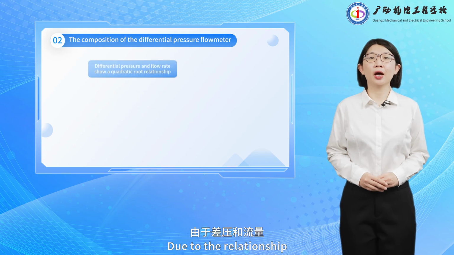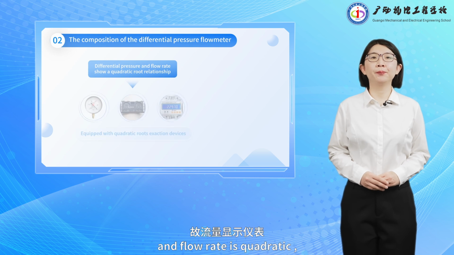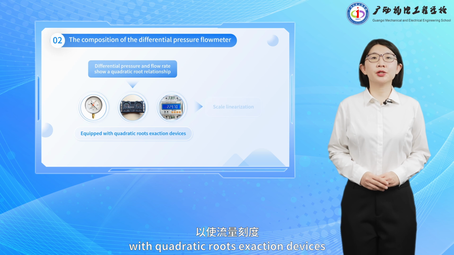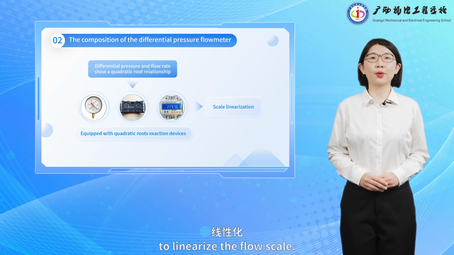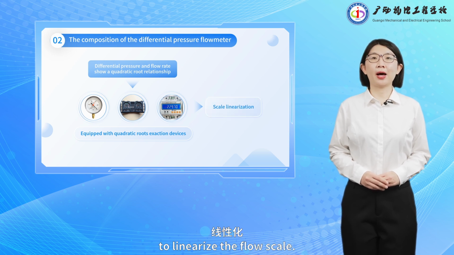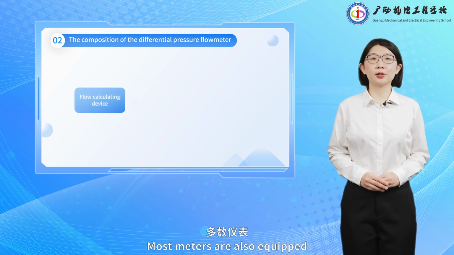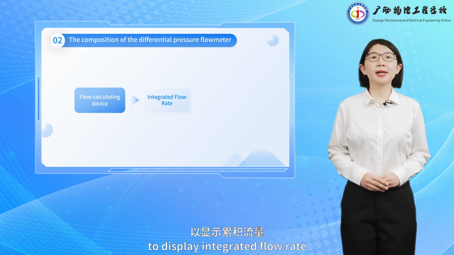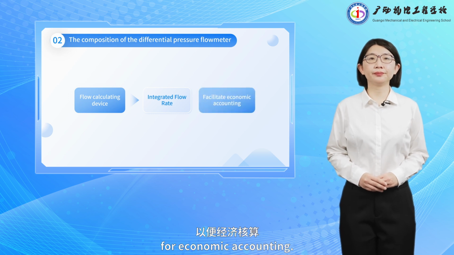Due to the relationship between differential pressure and flow rate is quadratic, the flow indicators are equipped with quadratic root extraction devices to linearize the flow scale. Most meters are also equipped with flow measurement devices to display integrated flow rate for economic accounting.